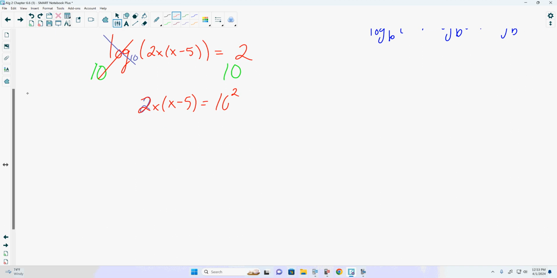Questions on this here? Now there is some stuff we need to simplify. One of them is our 10 squared, which is 100. The left side will need to distribute the 2x. 2x times x, 2x squared. 2x times negative 5 is negative 10x.